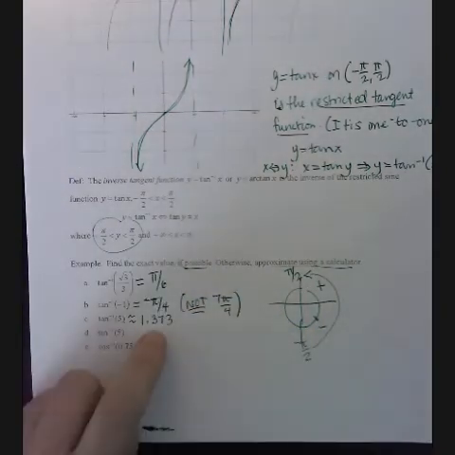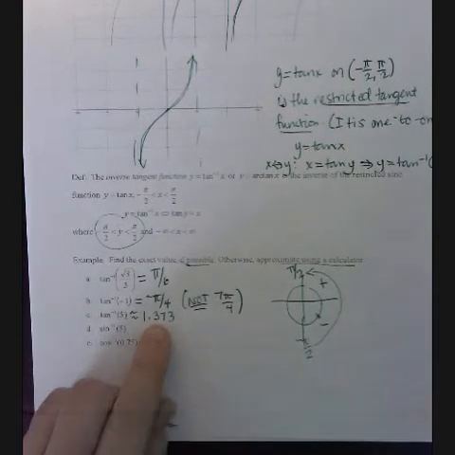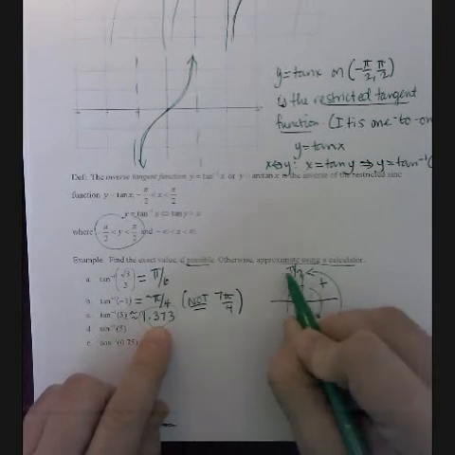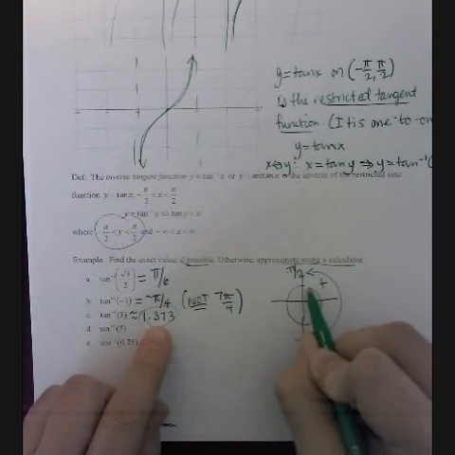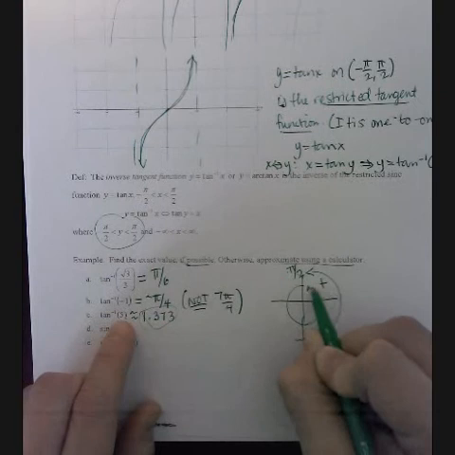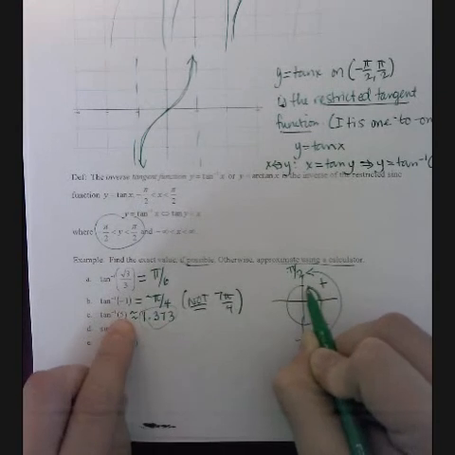Okay, so that means the output is the arc length, remember. We're talking about pi over 2 is approximately 1.57. 1.37 is maybe right here, and that's this. This 5 then is the ratio of the y-coordinate to the x-coordinate.